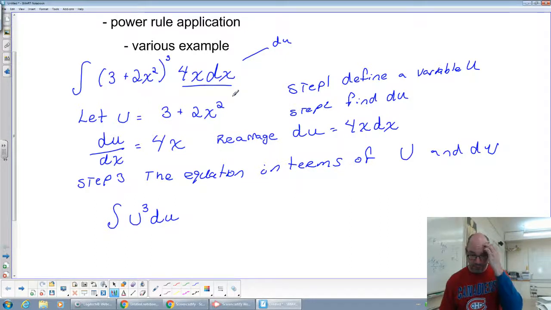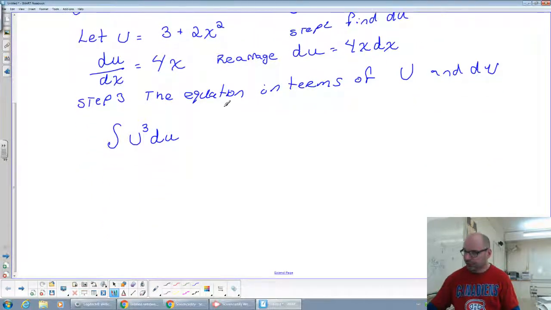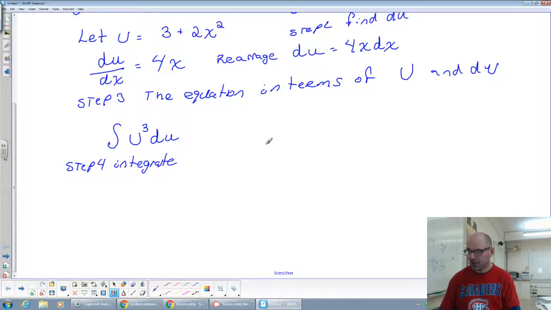Then step 4 is to integrate, applying the power rule backwards.